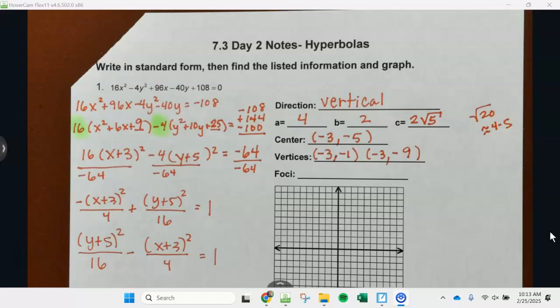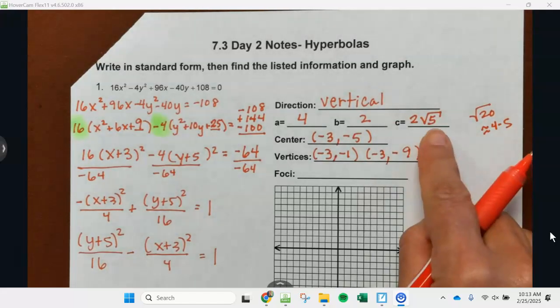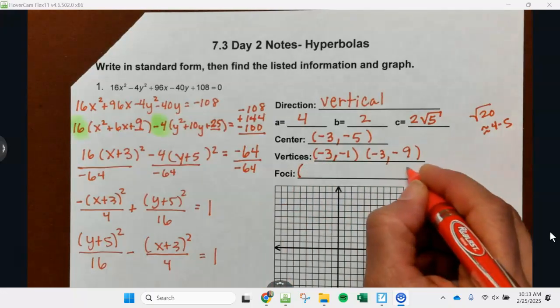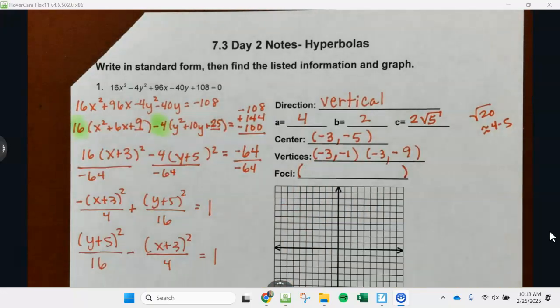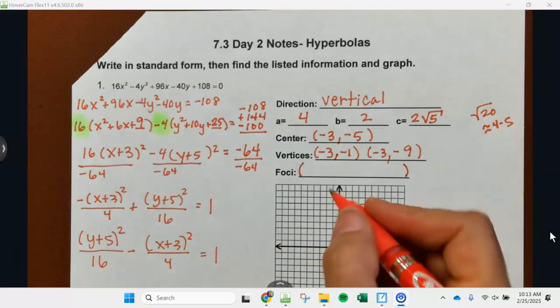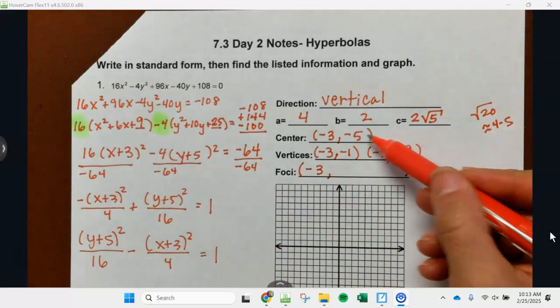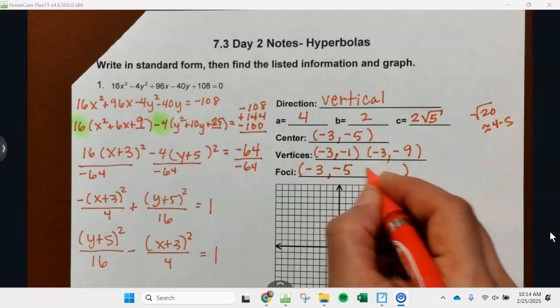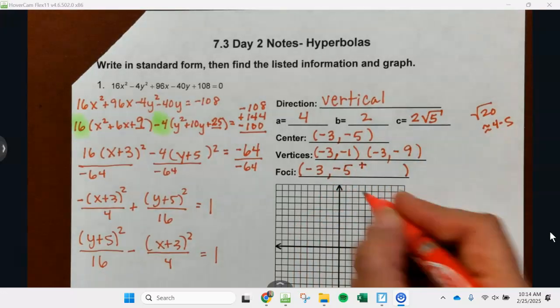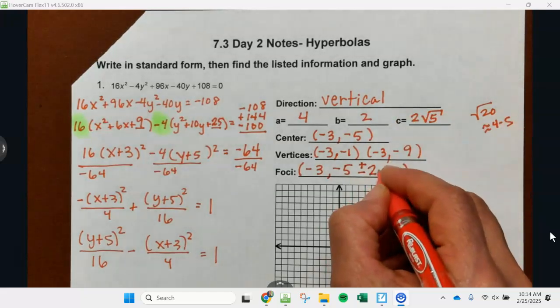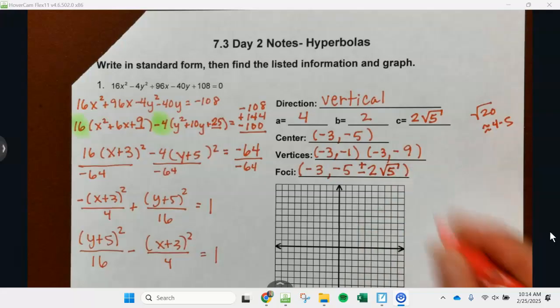And then for our foci, since we do not have a clean, easy whole number for the C value, I'm going to write both foci as one ordered pair. And remember, it's all vertical movement, so the negative 3 isn't going to move. However, this negative 5 right here, we're going to go up, so I'm going to draw a positive. We're going to go down, I'm going to draw a negative, and it's that C value of 2 square roots of 5.